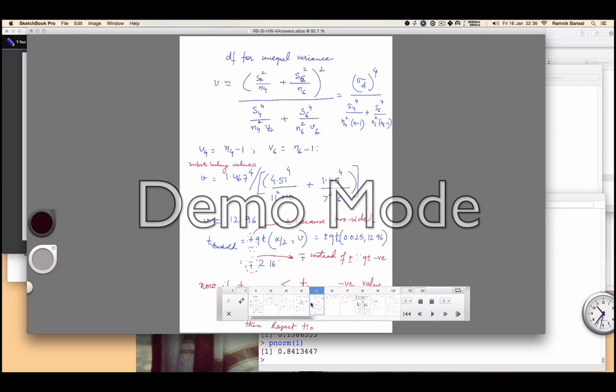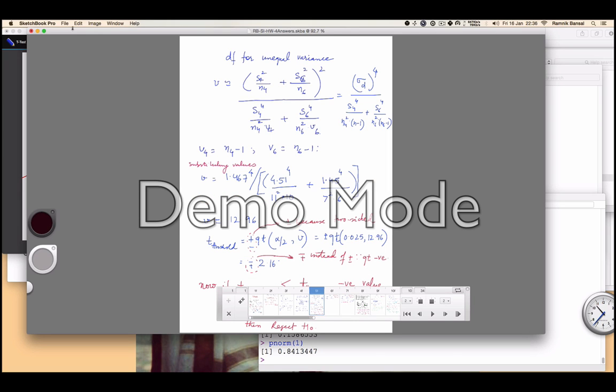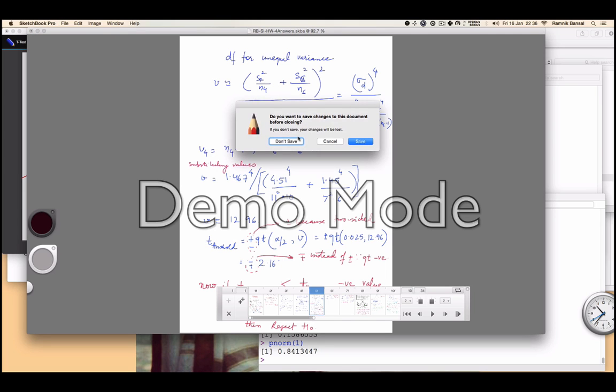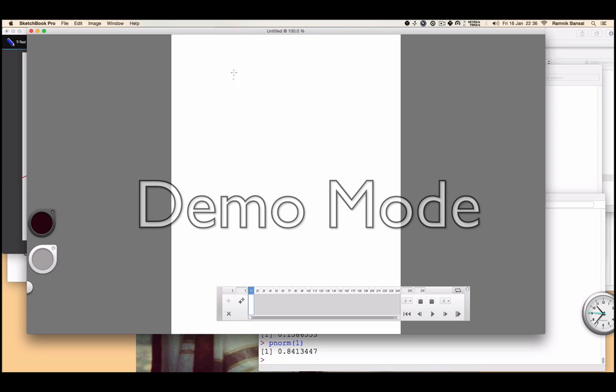Let me explain the concept of q value. So what is the Q value? We had seen the P norm, right? In this distribution, the probability of X being less than or equal to some X1 is given by P norm.